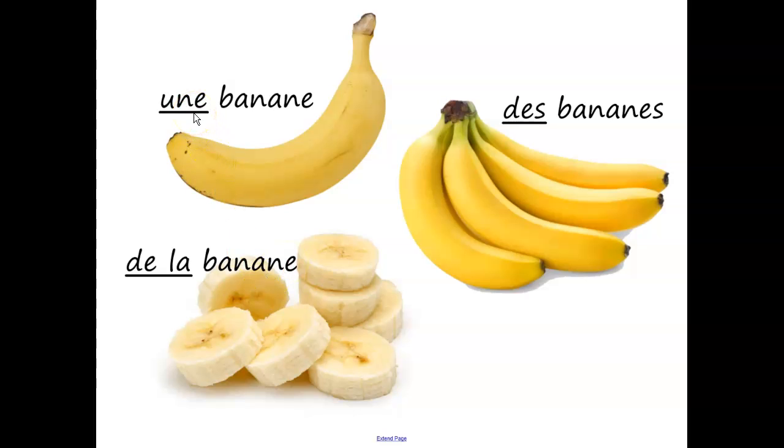So whereas une banane is one whole banana, and des bananes means some bananas, plural, de la banane means some banana, not an entire banana, but just some of it. Okay, so think of this as some type of unspecified fraction, some amount that's less than one.